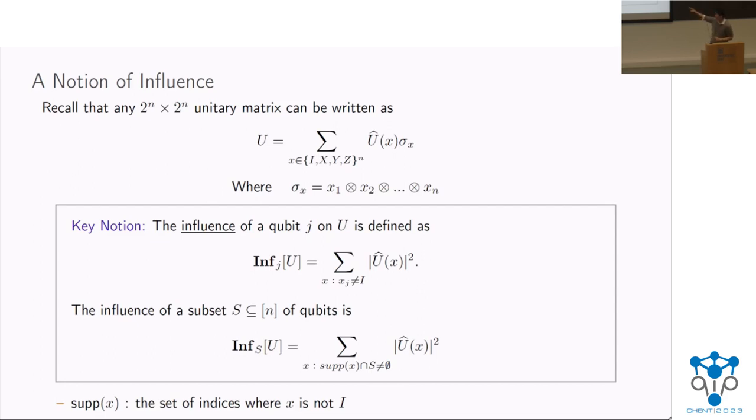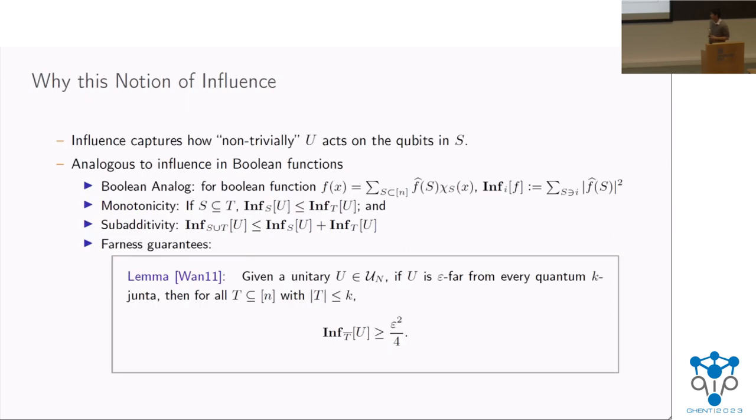We can extend this definition for a subset of qubits, but instead of going into the details, let me just talk about why this notion of influence is natural and what it tries to capture. In the form of the definition we saw before, what this influence is trying to capture is how non-trivially a unitary acts on qubit j. So we're adding up the terms that correspond to those sigma x's.